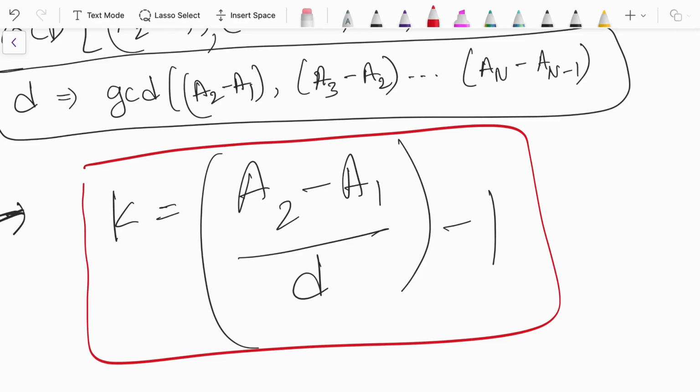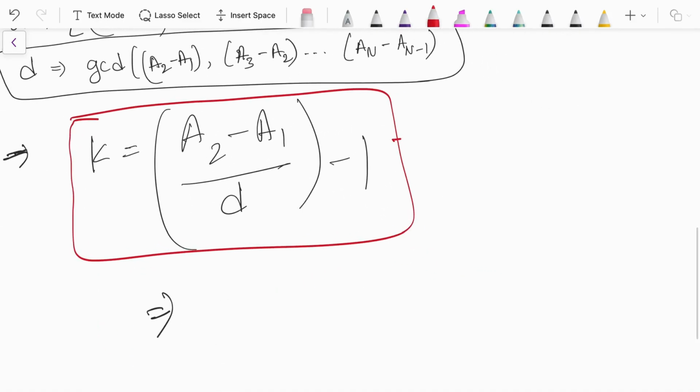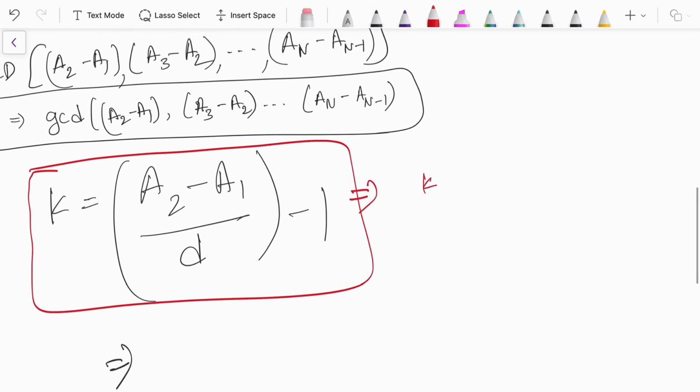This will be the formula that is needed for the number of elements to be inserted between each pair of adjacent numbers. We can generalize this to k is equal to (A of i plus 1 minus A of i) divided by the common difference D, minus 1.